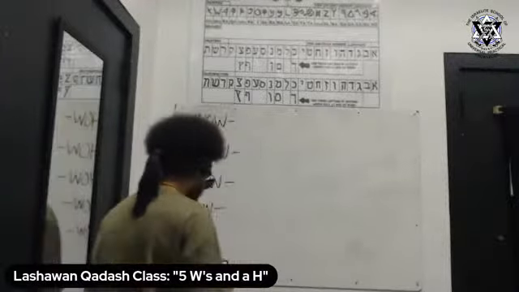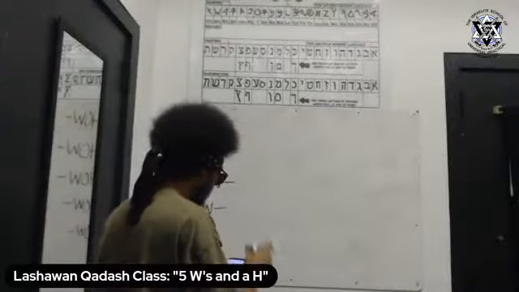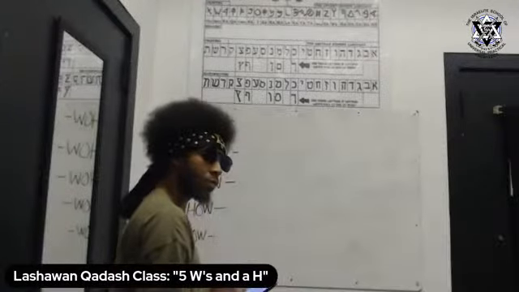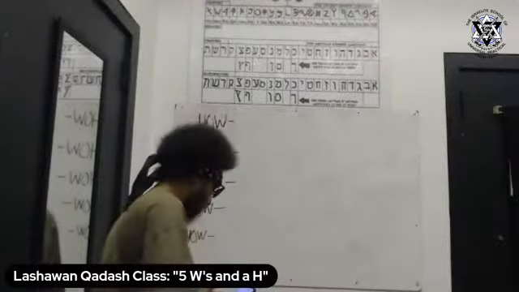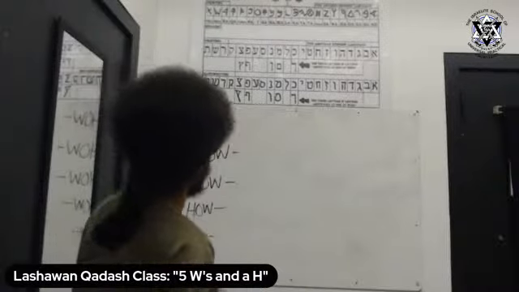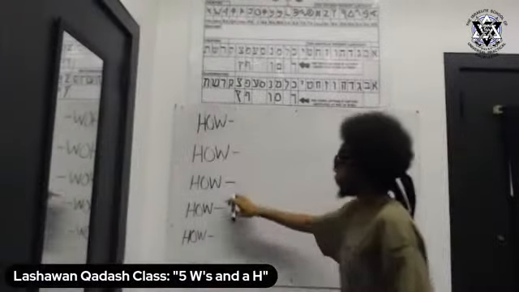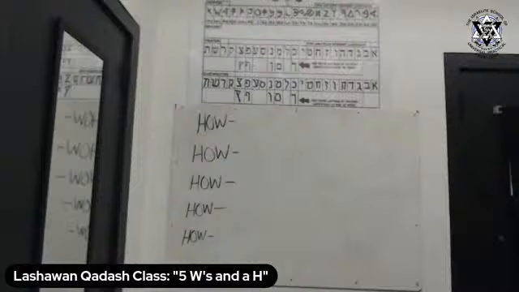All right. So we got 5 of them. Ready? Let's write it down first. So we got 5 hows. 1, 2, 3, 4, and 5. All right. Got 5 hows. And we are going to get into it. And the reason why there are 5 is because there are different contexts of each one.